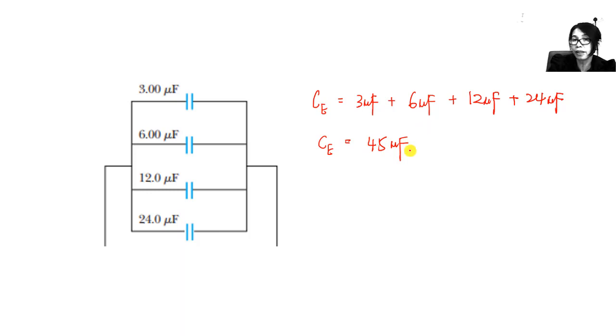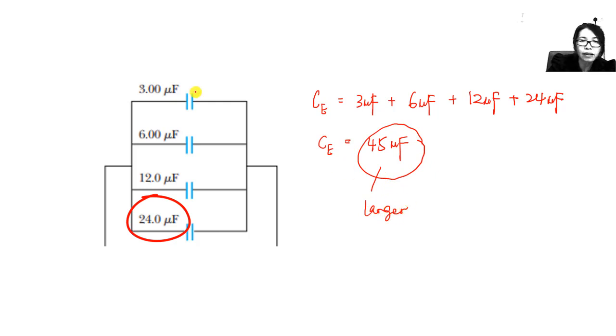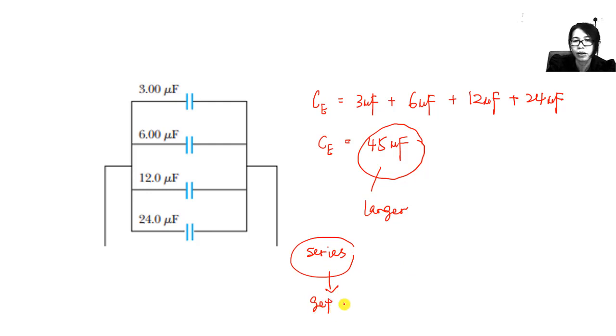You will notice that the effective capacitance is larger than any other capacitor we have in the parallel combination. So next time, remember, if you want a smaller capacitance, you connect in series. You will get a smaller C.